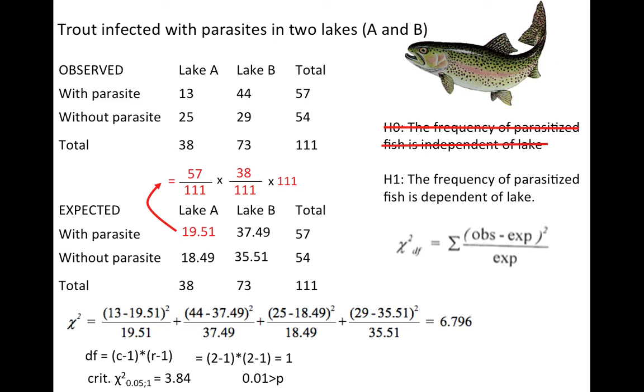And this leads us to reject our null hypothesis and accept our alternative hypothesis. The frequency of parasitized fish is dependent on lake, or the frequency of parasitized fish is not the same in lake A and B.